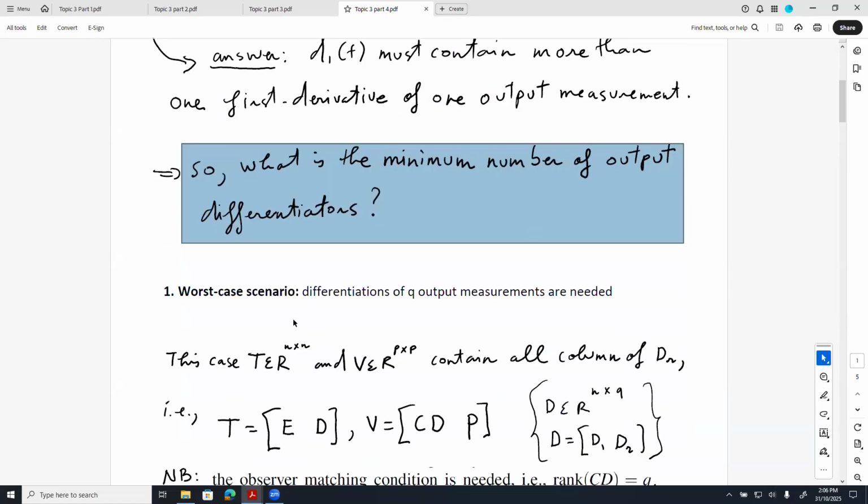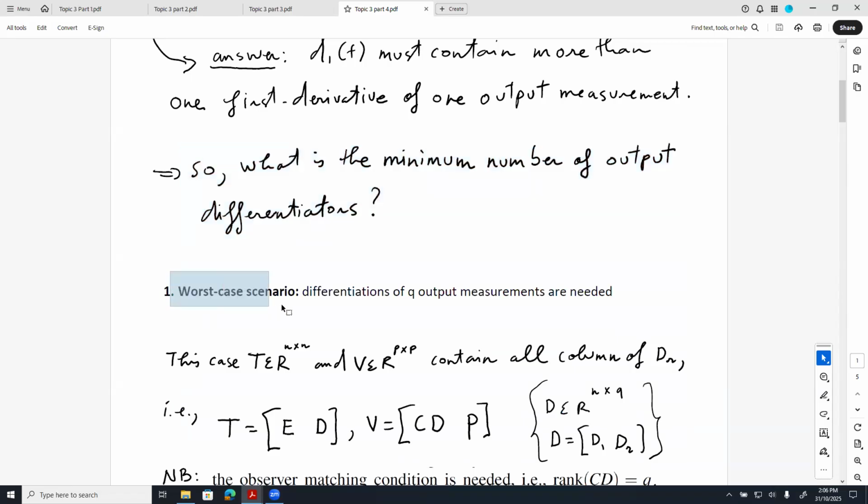And so we kick off with a worst case scenario. The worst case scenario is where we need to have Q output differentiators. Now Q is the number of unknown inputs.